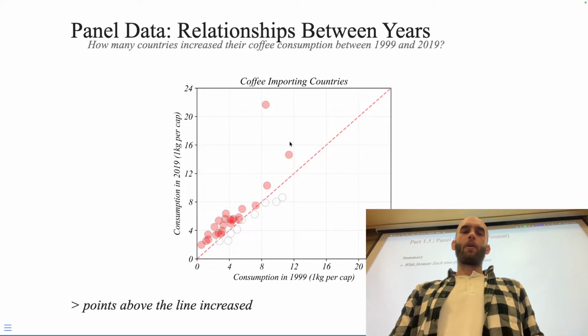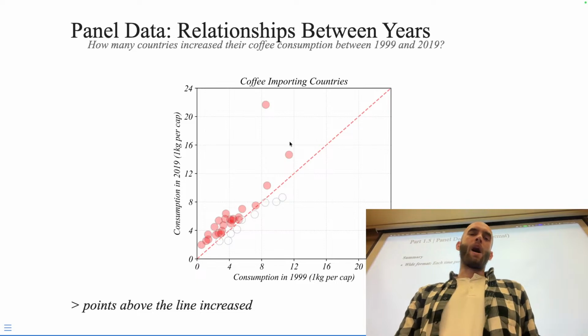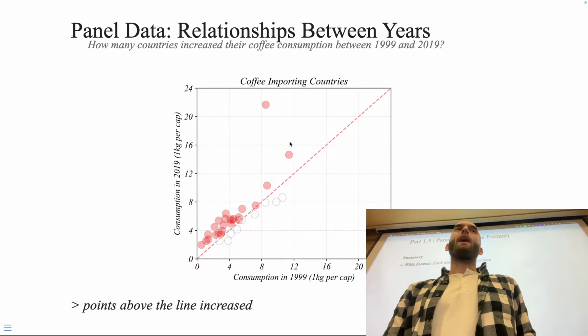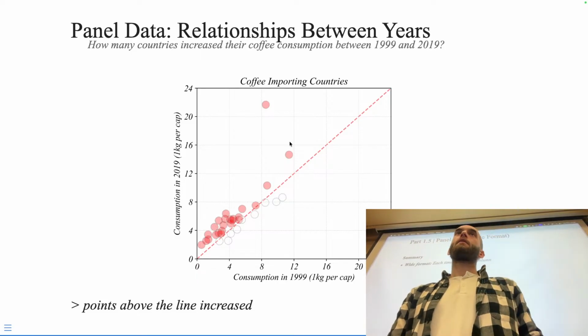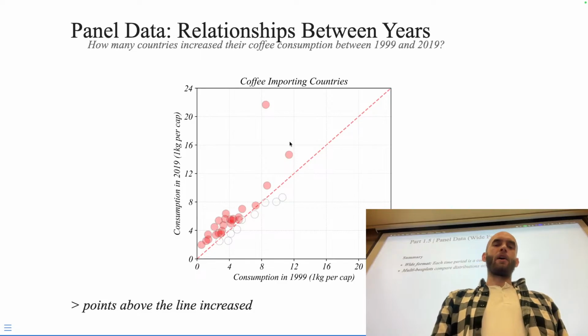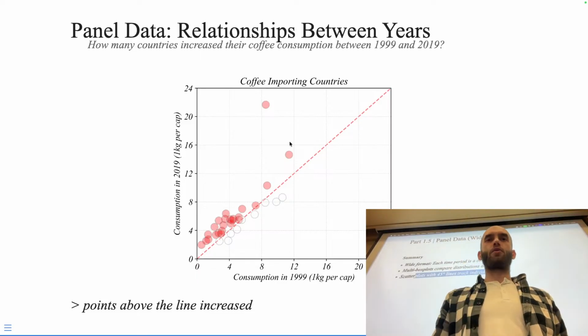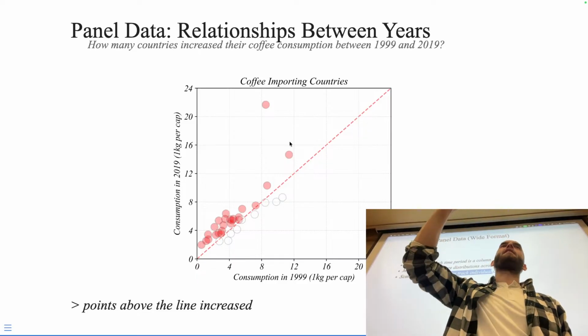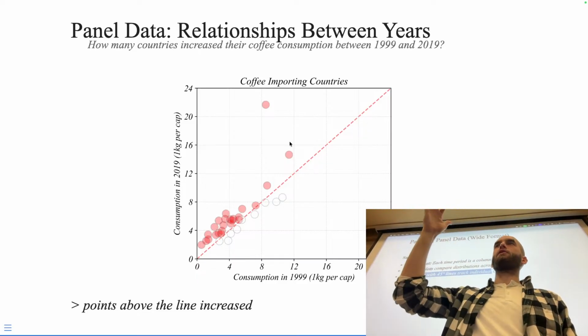What we've done in part 1.5 is talk about wide panel data, why we use it to measure changes like this. We talked about multi-box plots to compare distributions across time. And then we've used scatter plots to show individual changes through time. It's in that top tier of best visualizations.